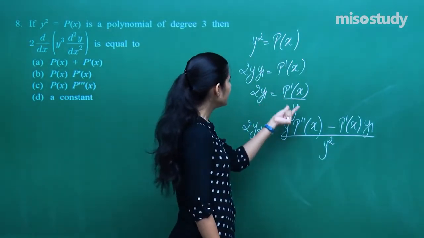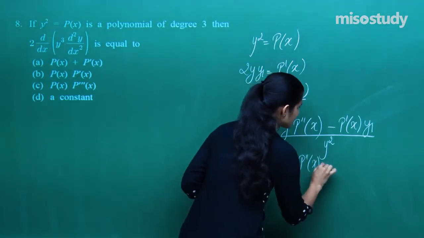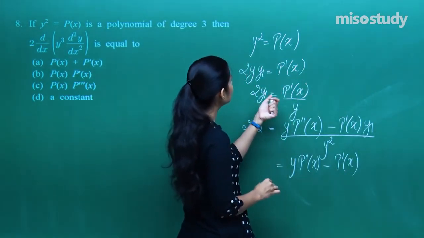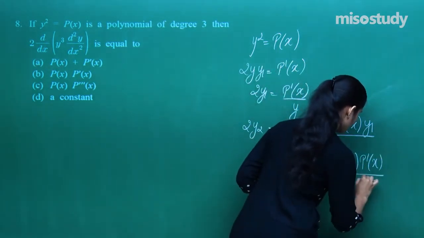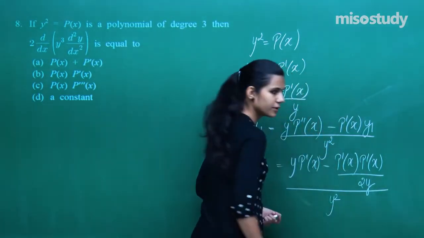y1 is basically p dash x upon 2y. So you get y into p double dash x minus p dash x into y1, what did I say? y1 is p dash x upon 2y, whole upon y square.